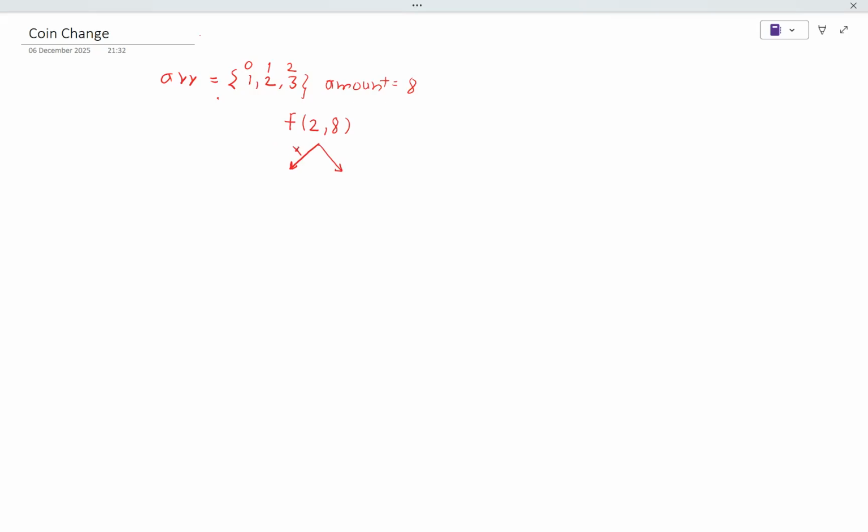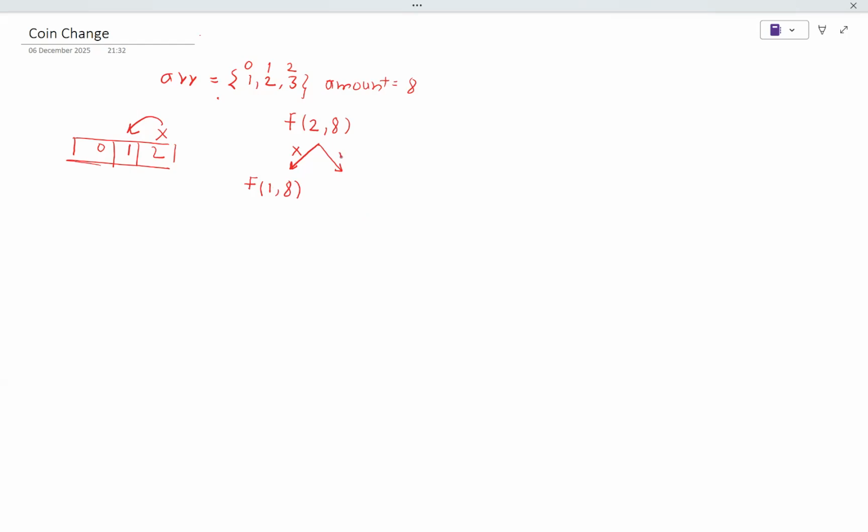If I consider not pick, then we will just go to the previous index, and I will keep the target amount as it is because I did not pick it.